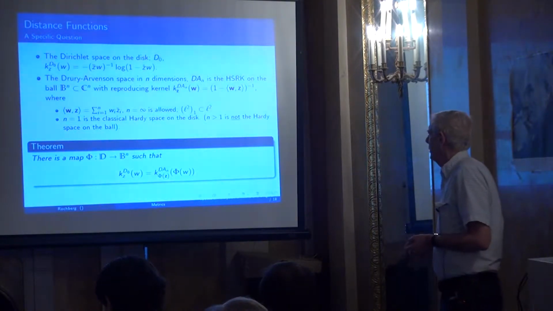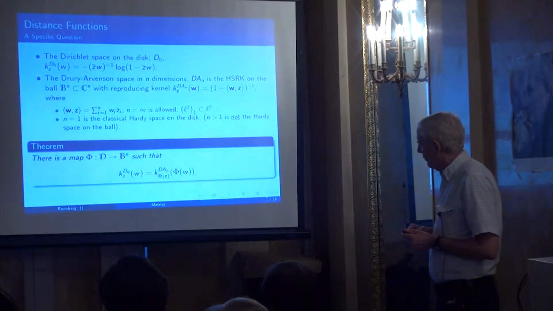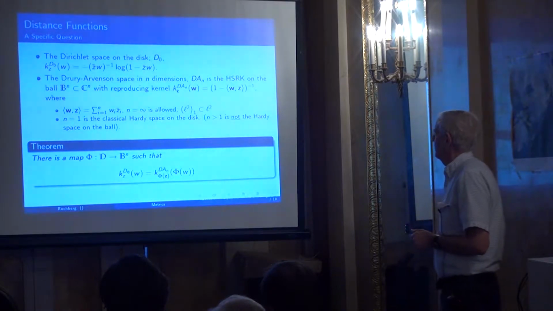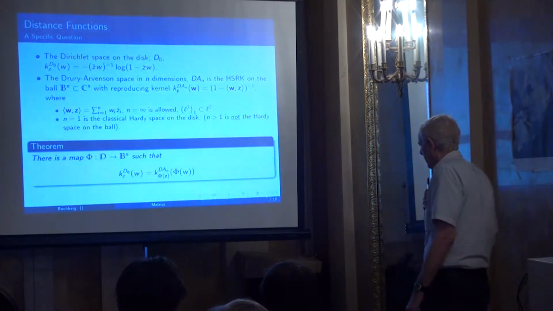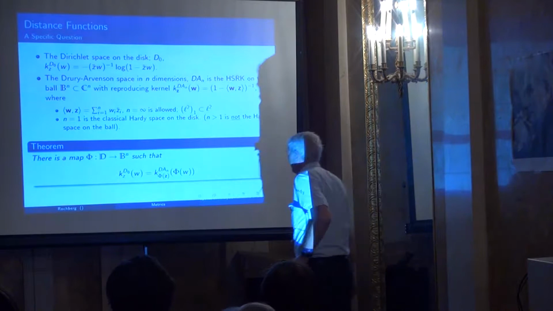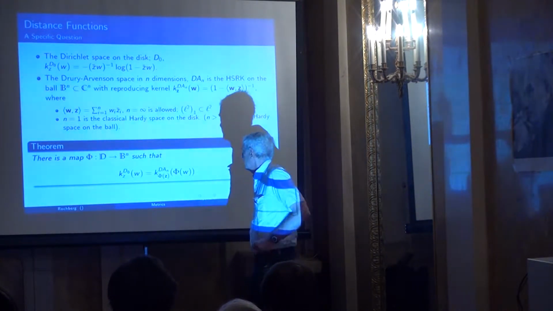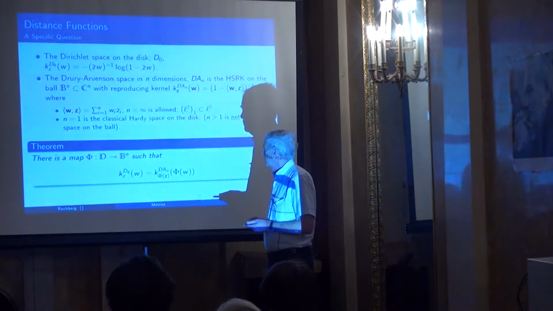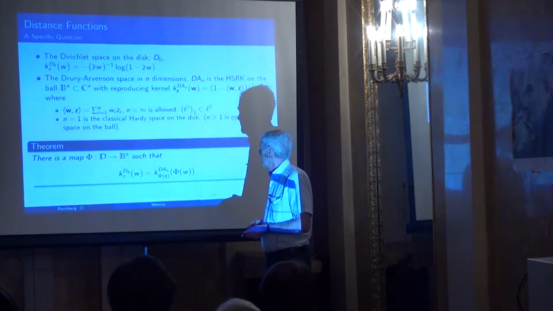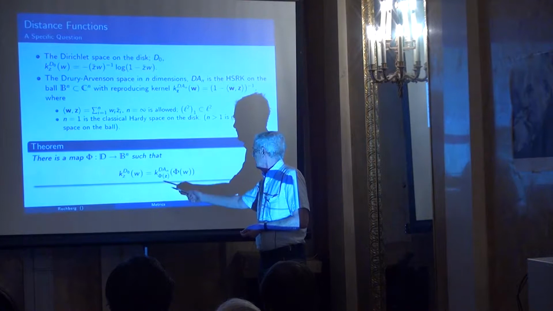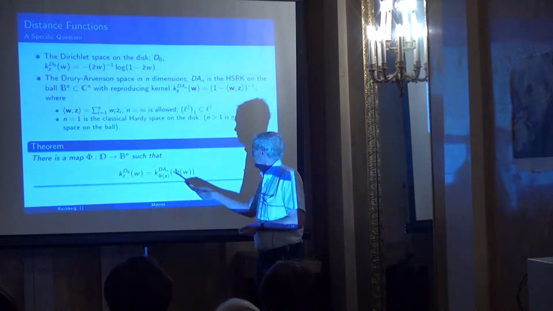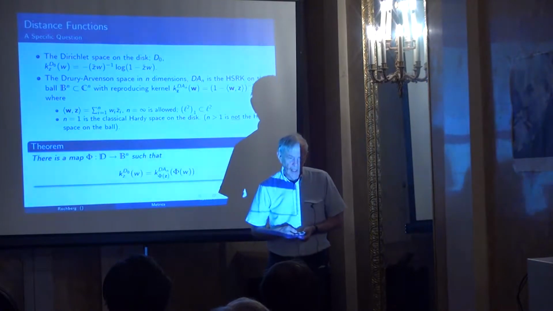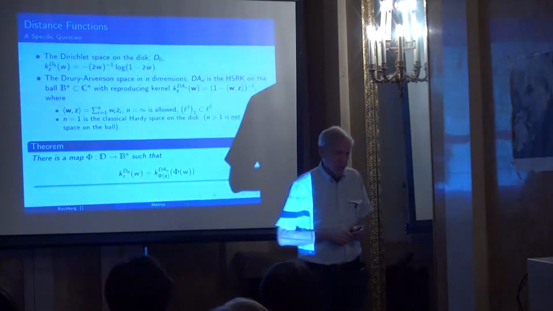And the reason is, here's a theorem. I will tell you in a moment where the theorem comes from, but for now it's just a theorem. It says there's a formula. The reproducing kernel for the Dirichlet space was given explicitly. It says there's a map phi of the unit disk into the ball, so that if I evaluate the kernel for the Drury-Arveson space at the points phi of z, phi of w, I recapture the Dirichlet kernel on the disk.